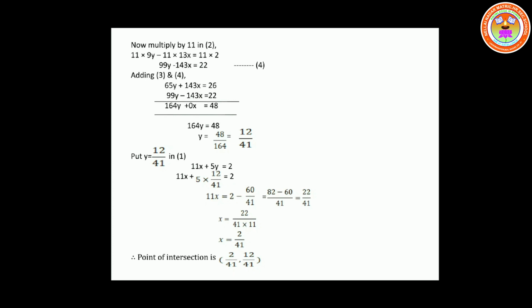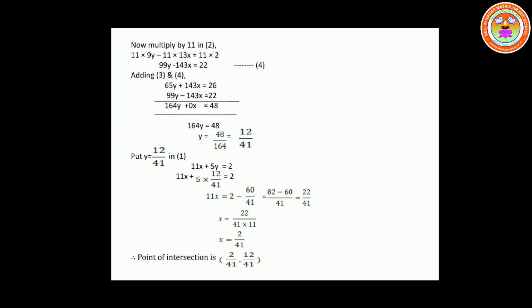This value I am going to substitute in equation 1, that is 11x plus 5y is equal to 2. So wherever y value is there, I am going to put 12 by 41. So 11x plus 5 into y, so 5 into 12 by 41, that is equal to 2.